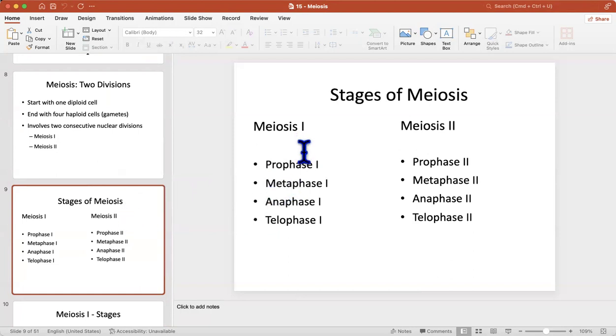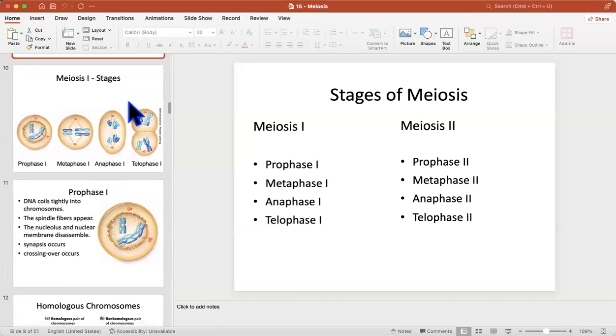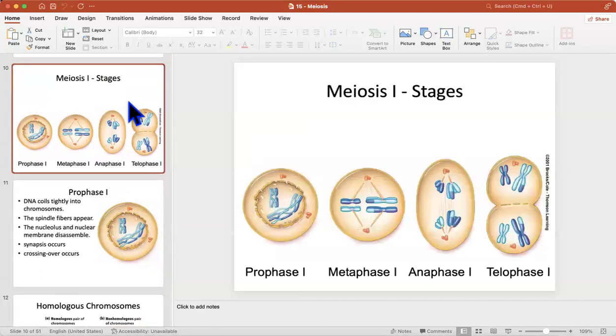And in each of them, you also have prophase, metaphase, anaphase, and telophase. Those phases we talked about before. So let's look at meiosis 1 and then meiosis 2. What happens in meiosis 1? This picture explains it. Very similar: the nuclear envelope disappears, chromosomes condense, and they line up in the center.